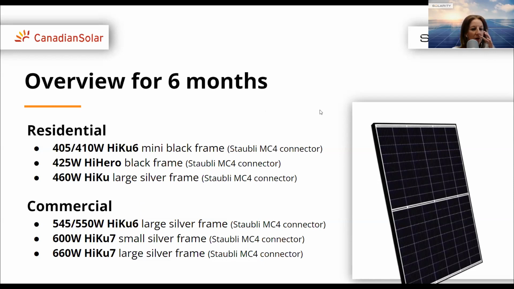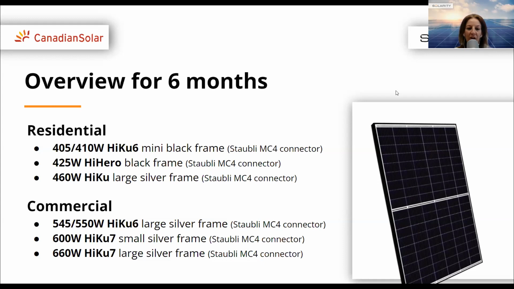Here, all the power outputs you can see are our mainstream. Everything is available right now in our stock, especially for the residential projects. So Hiku 6 Mini with the black frame, 405, 410, definitely yes. For HiHero as well, 425.